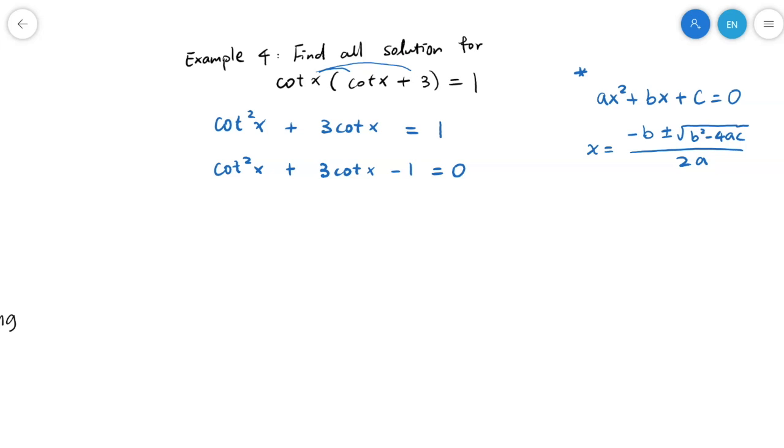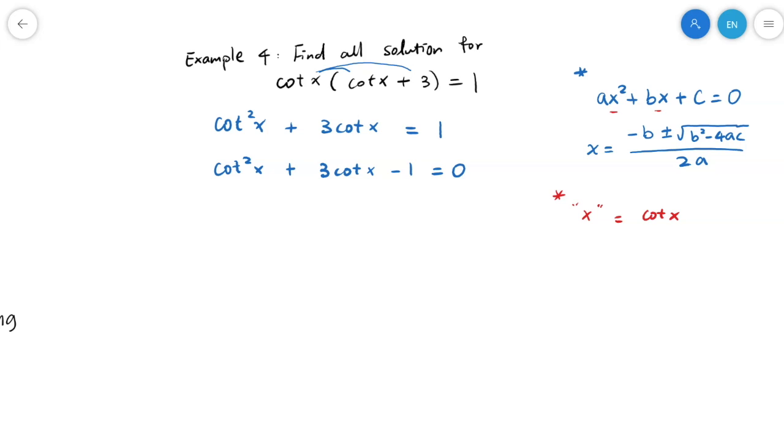In order to use the quadratic formula, I need to figure out what my a, b, and c are. The one thing I need to point out is that here we still have a quote-unquote quadratic equation, but the x we had before is going to be replaced by a trigonometric function. For this case, it's going to be the cotangent of x.